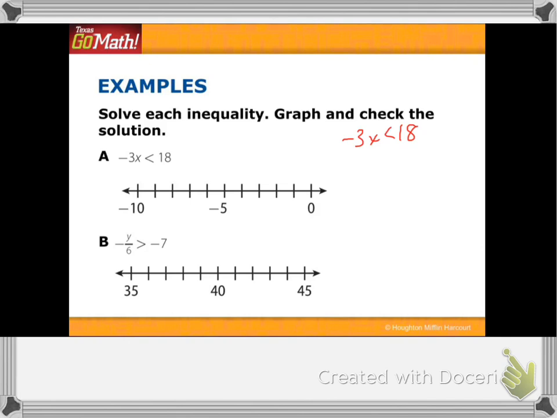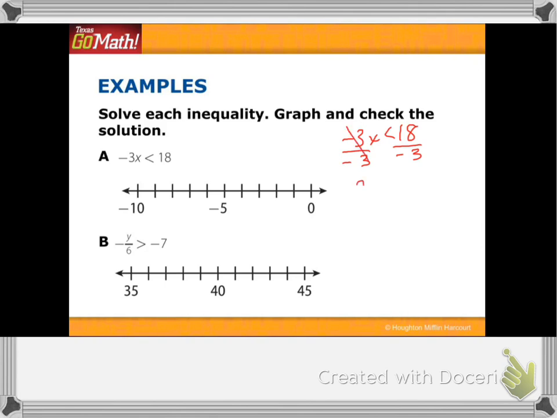To undo -3 being multiplied by x, the opposite is to divide both sides by -3. Picture those dots. That -3 is creating the action, so those dots are going to flip on the number line.